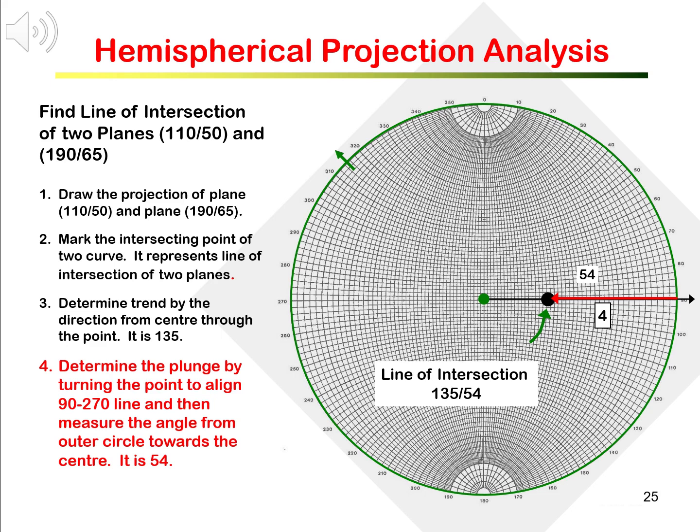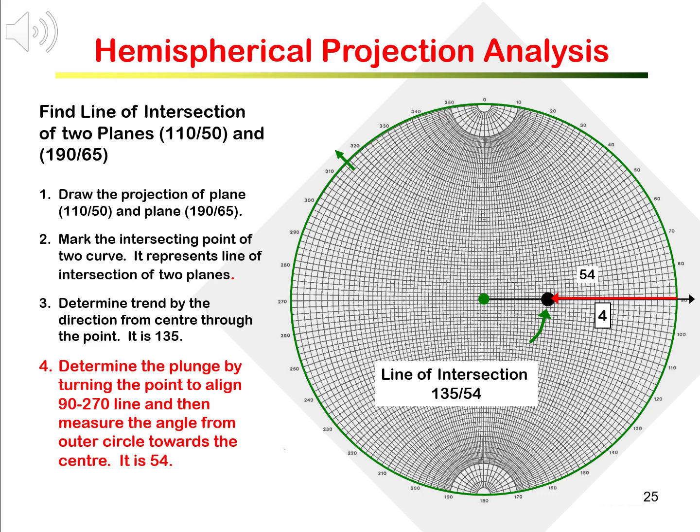Now we can read out the angle. Remember, 0 is at the circumference and 90 is at the center. So we count the angle from outside, from the circumference towards the center. It gives 54. That is the plunge of the line of intersection.